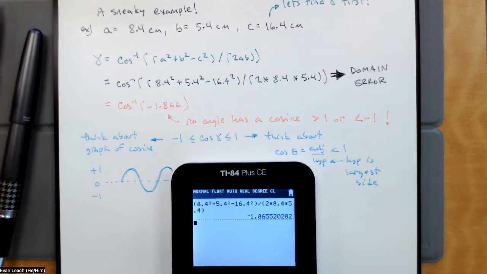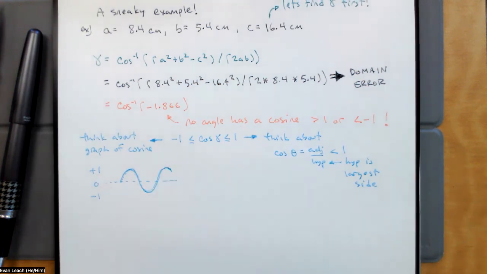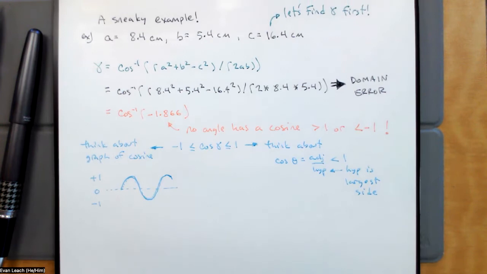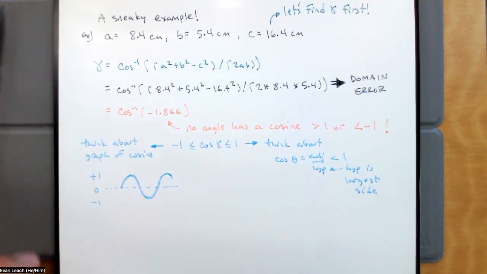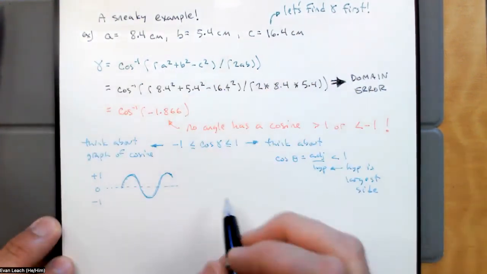We're trying to find the cosine inverse of something less than negative 1. We are not going to find that angle. If we go back to our original information, we can't find a value for gamma that fits this description. That's because there is no triangle that fits this description. So the problem here is that no triangle can have these 3 sides.